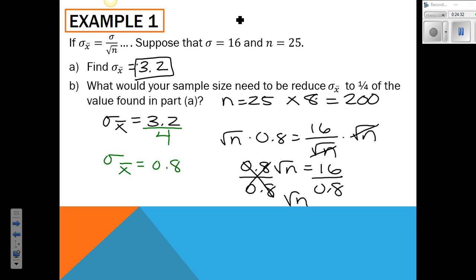So that'd be the square root of n is equal to what? You guys have the calculator. I have no calculator. 20. So what should I do here to get rid of that? So actually, it's not actually 200. It's what? 400.